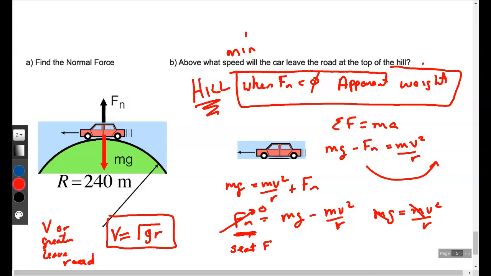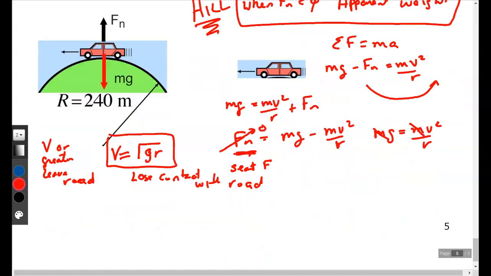You better not go any faster than that velocity, or else you lose contact with the road. Let's write that down. If you lose contact with the road. And that, I think, is it.